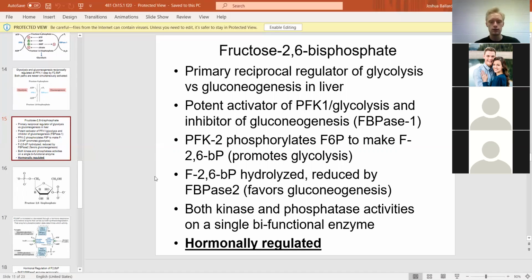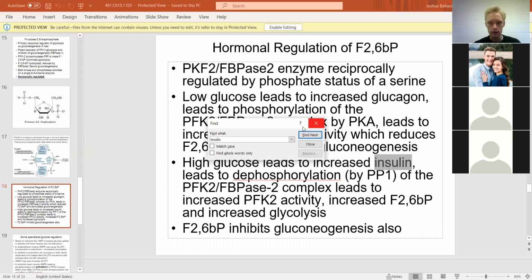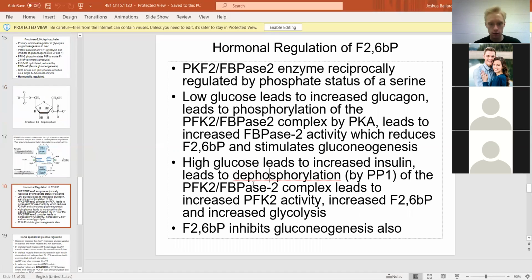I believe it activates glycolysis. So this slide's really, really good to know as far as the hormonal regulation of fructose 2,6-bisphosphate.